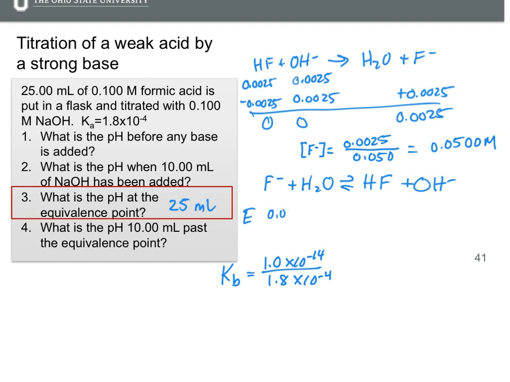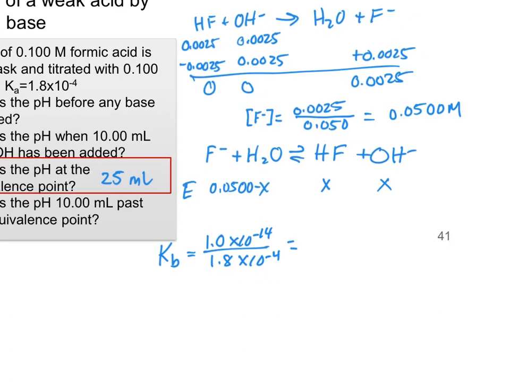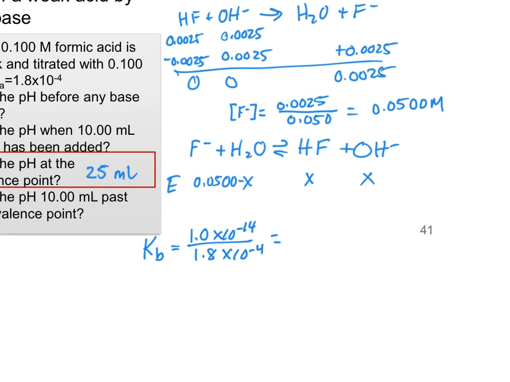So we're going to have 0.05 minus x for F minus, x for HF, and x for OH minus. So we can set this equal to Kb in our equilibrium constant expression. Kb is going to be equal to 5.6 times 10 to the minus 11. Is that right? Yeah.